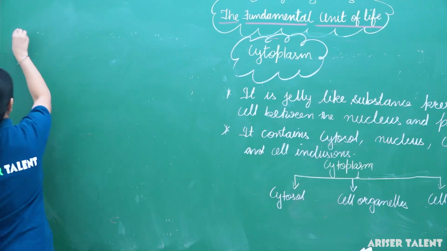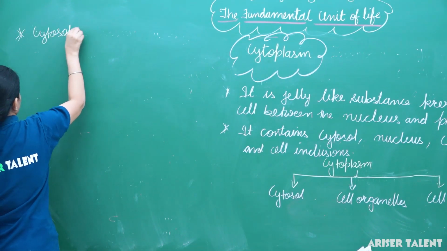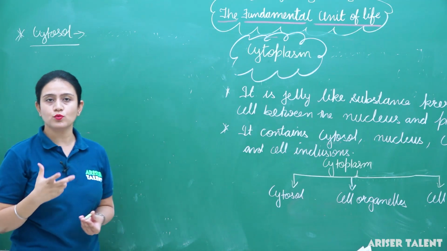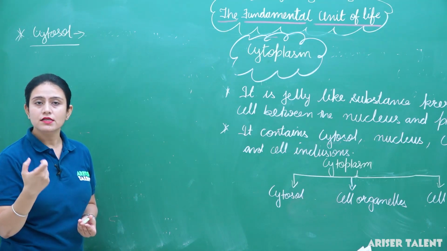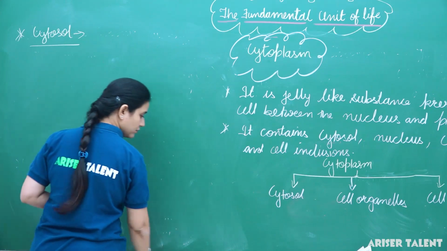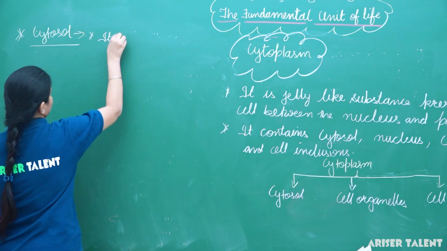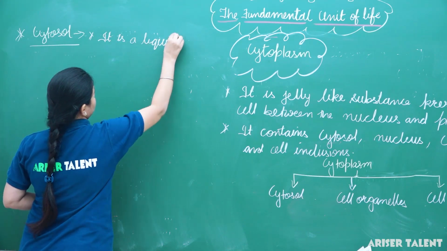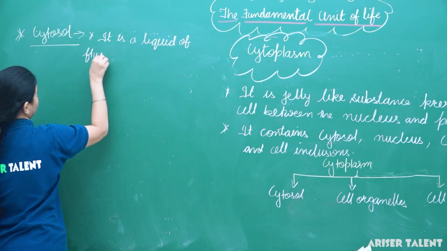First of all, we will talk about cytosol. What is cytosol? Cytosol is a liquid which contains 90% of water and 10% of it are what? Cell organelles and cell inclusions. Here we can mention it is a liquid or fluid matrix.